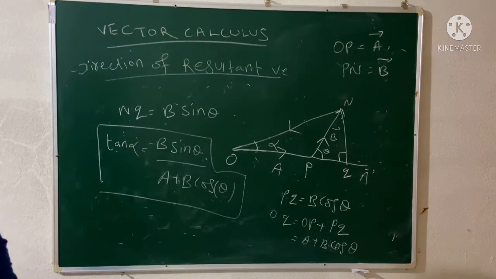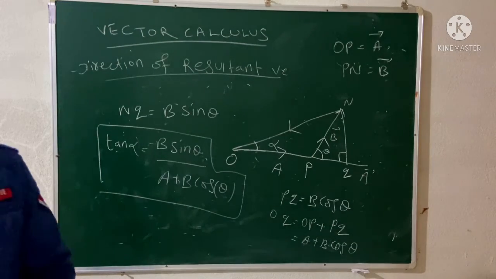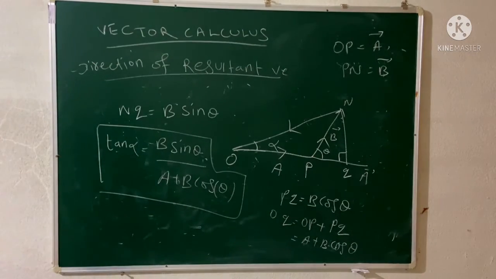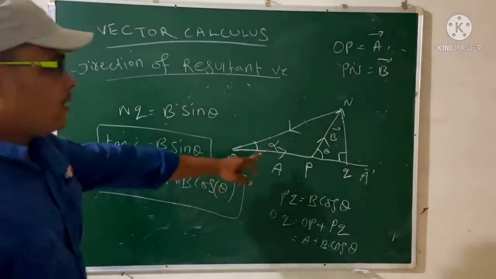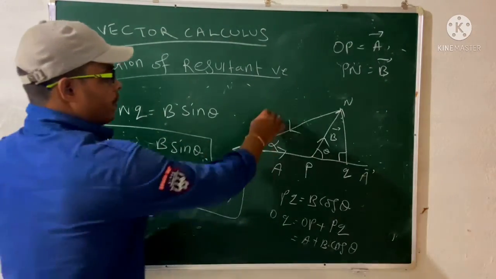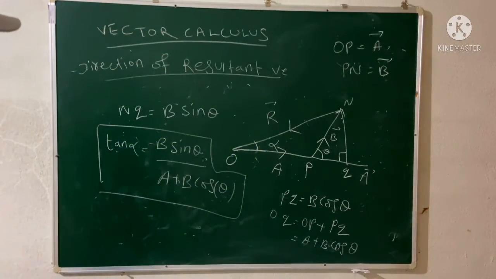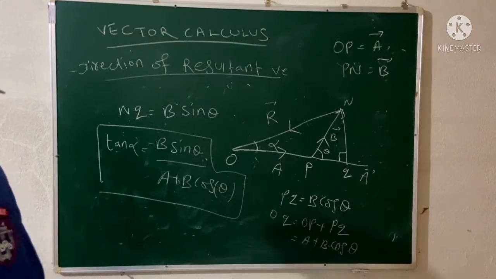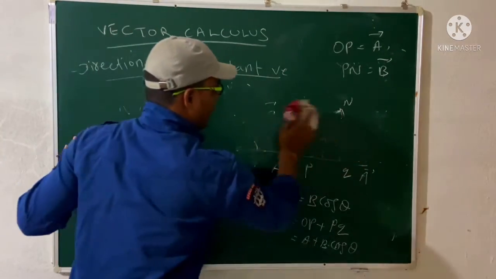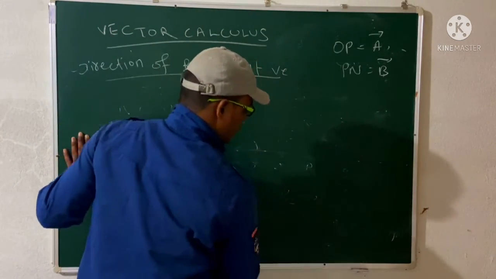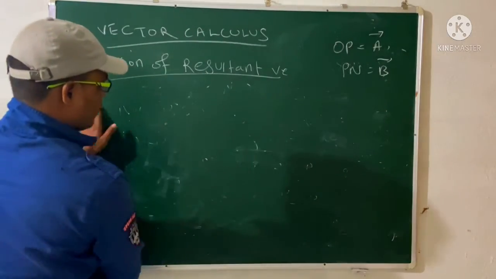The resultant in vector addition will be A plus B, and the magnitude is the square root of A square plus B square plus 2AB cos theta. Alpha is the angle between the resultant vector and the A vector, but theta is the angle between the A vector and the B vector. This is the remaining part of vector calculus that we forgot to discuss.